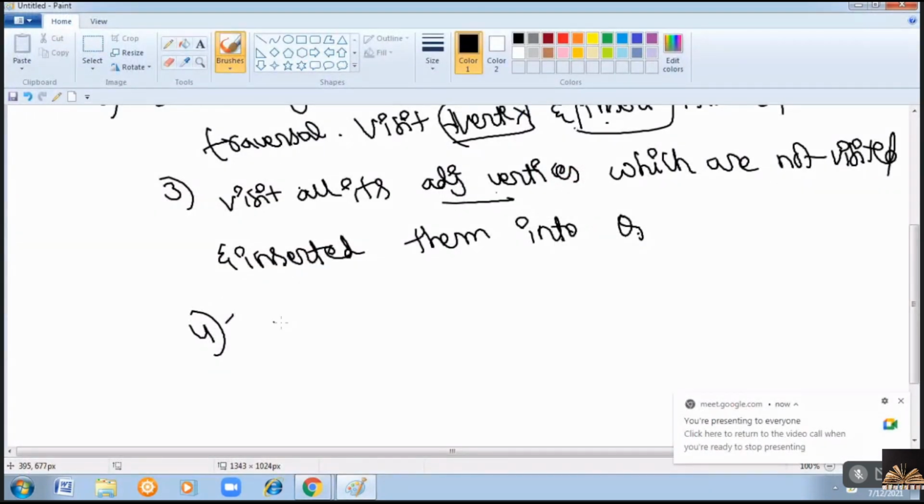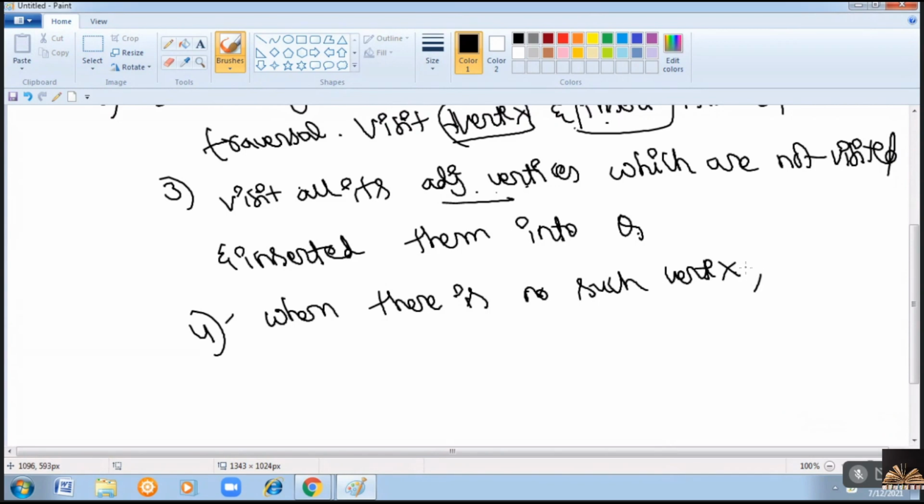Now here you are considering the adjacent vertices which are not visited, right? When you don't have any adjacent vertices which are not visited, that means there is no such vertex, then delete one vertex or element from the Q. We have inserted some vertices into the Q, right?